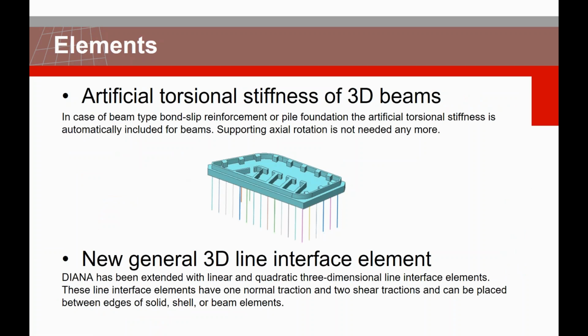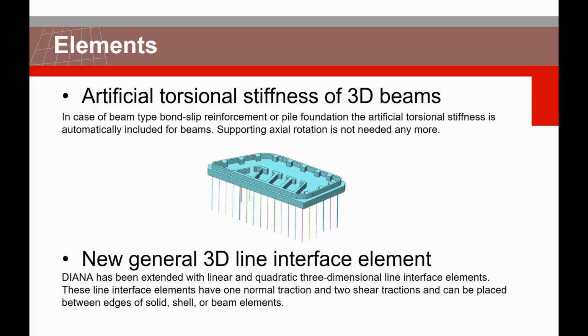For those who are dealing with pile foundations, we incorporated automatic rotational DOF for the piles. So this is basically the axial rotation. It doesn't matter if it's a vertical or battered pile, the program automatically considers the axial rotation, so you don't need to worry about that.